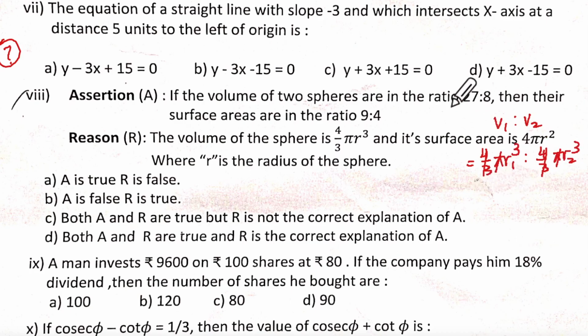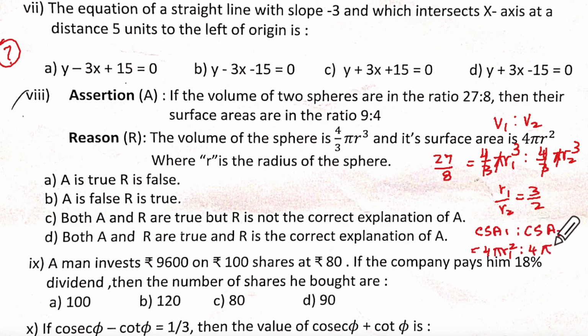Now they are saying that this is 27 upon 8. So R1 is to R2 will be cube root of this, means 3:2. The surface areas will be the ratio of CSA 1 and CSA 2, equal to 4 pi R1 square is to 4 pi R2 square.